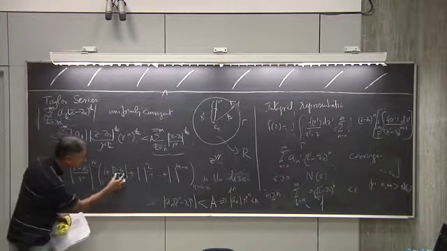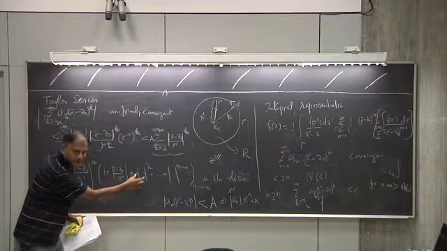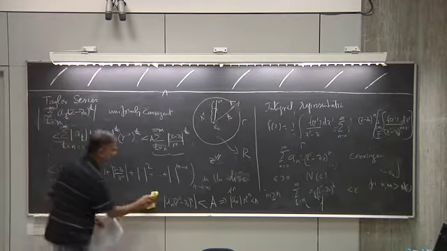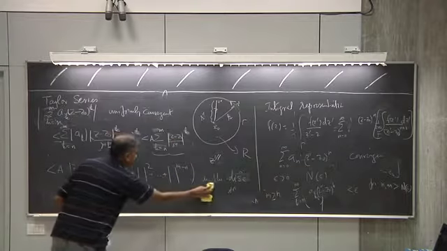I'm just not writing this same thing inside; this is a notation instead of writing it again and again. So what do we get here?